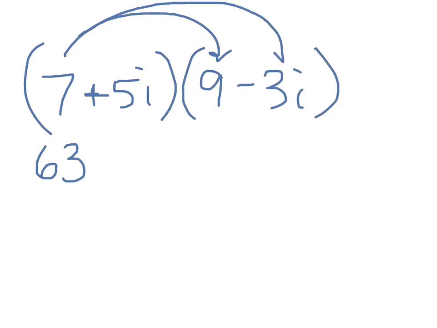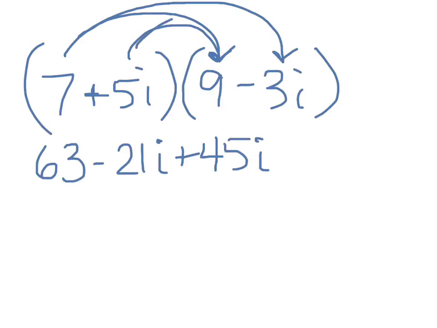What's 7 times negative 3i? What's 5i times 9? And what is 5i times negative 3i? 15i squared. Okay, now, before we go any further, we need to talk.